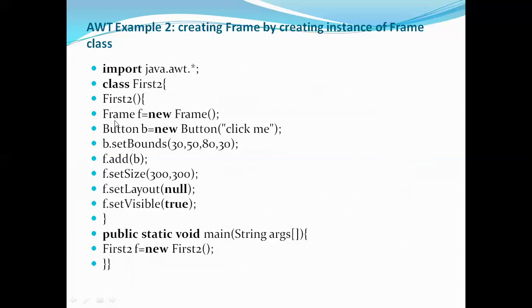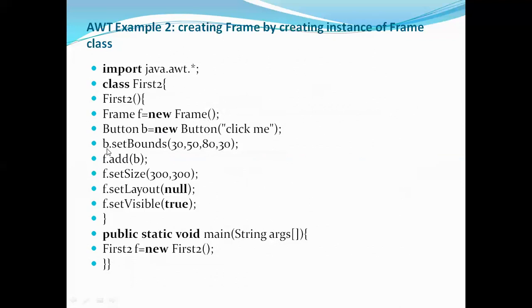I am writing Frame f is equal to new Frame. By this your frame object will be created, which means your frame is created now. Next I'm creating a button using the Button class: Button b is equal to new Button, and the button name is Click Me.